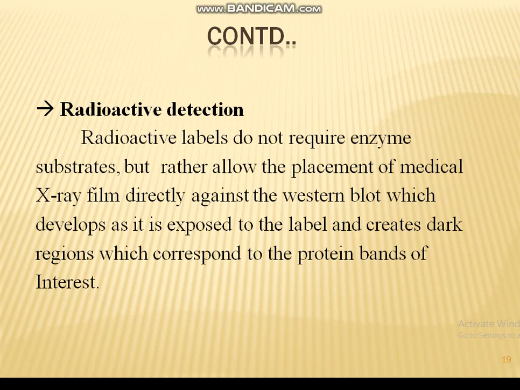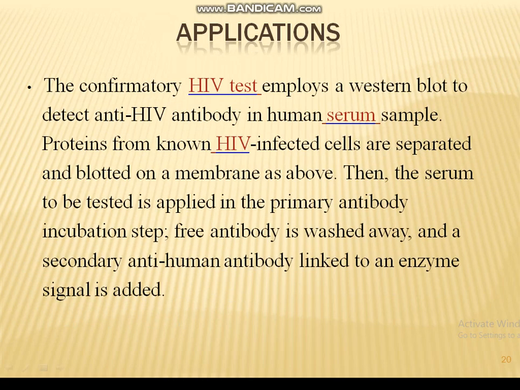Now talking about the applications of Western blot, the confirmatory HIV test employs a Western blot to detect anti-HIV antibody in a human serum sample. Proteins from known HIV-infected cells are separated and blotted on a membrane.